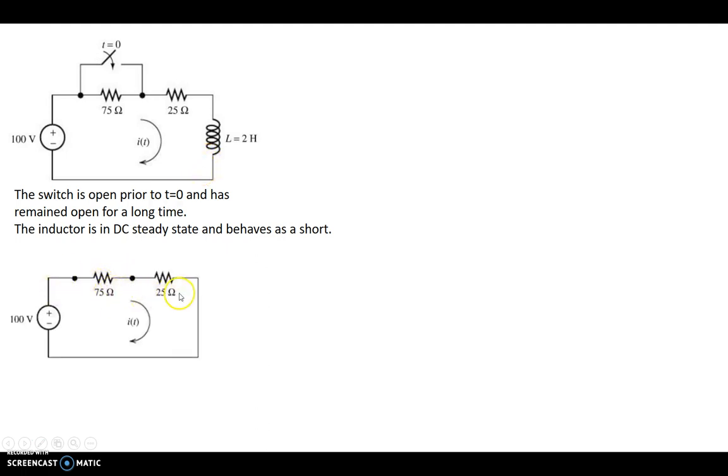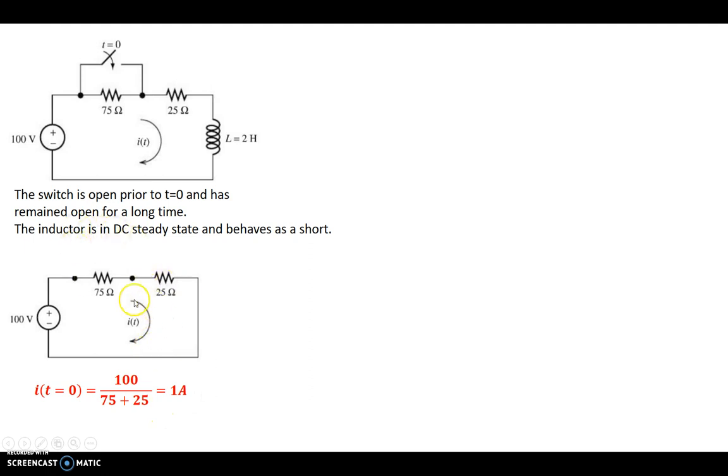Basically it's a 75 ohm and a 25 ohm resistor, and that inductor has been replaced here with a short. The current flowing through the inductor is basically the current flowing in this network right now. So with a 100 volt source and a 100 ohm resistance, I is V over R, so the initial current flowing here is 1 amp.